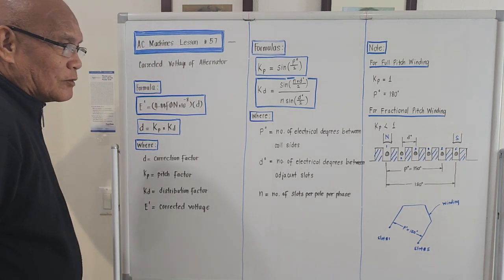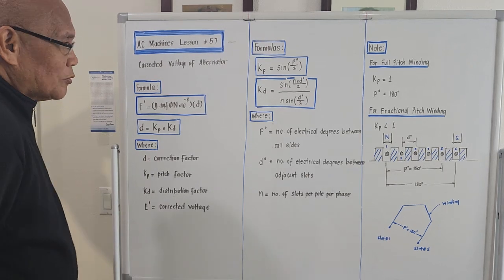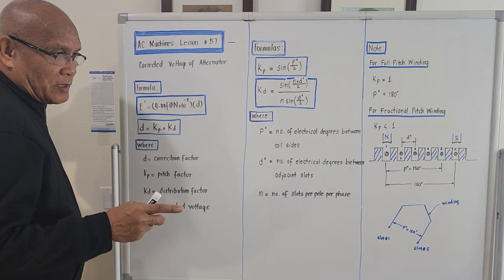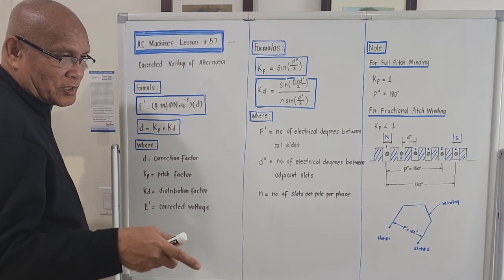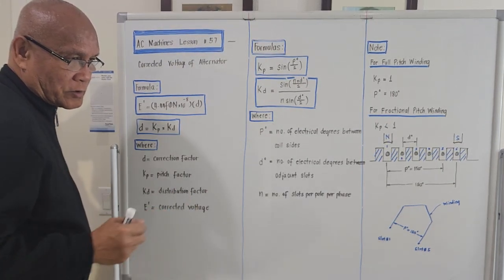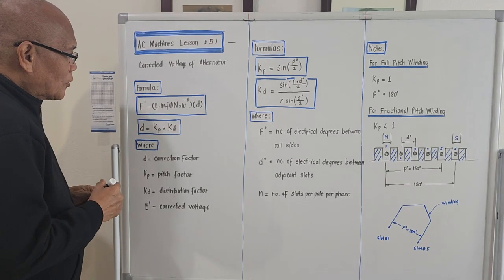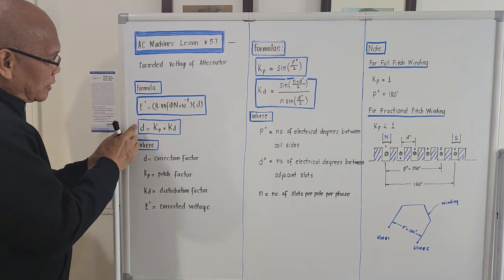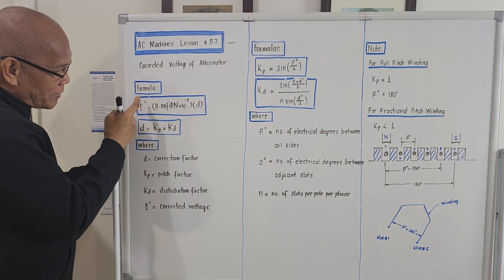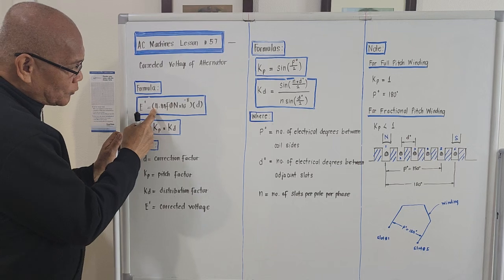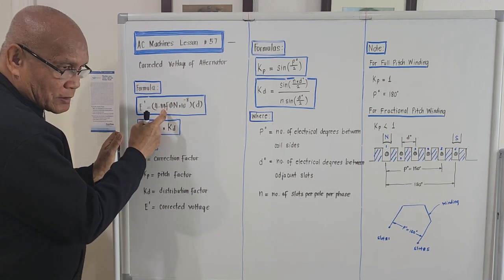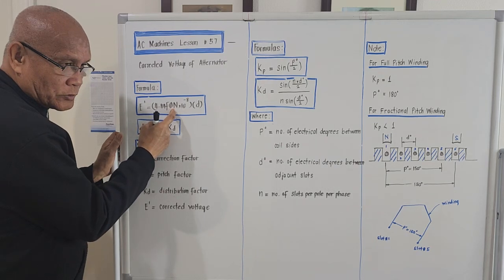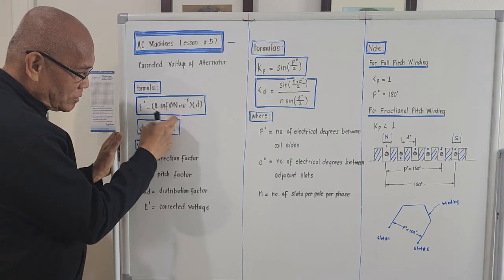Okay, let's try to bring out the formula of the corrected voltage for alternator. This is now a general formula, and this is being used under the study of machine design of alternators. I will try to read the formula. Capital letter E prime should be equal to 4.44, the product of frequency, flux, the rate of rotation times 10 to the minus 8.